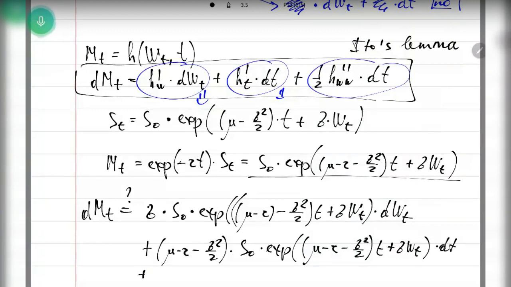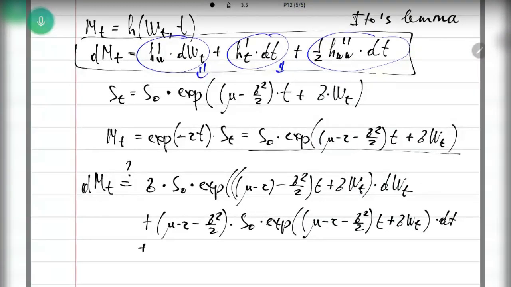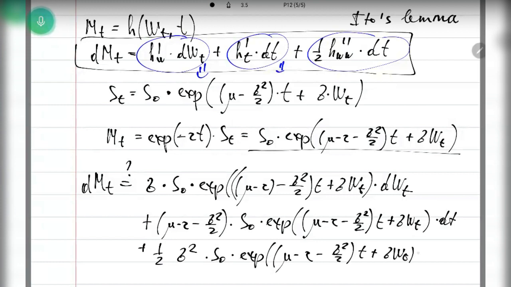Plus, now the third term: 1 over 2 sigma squared S0 times exponent of (mu minus r minus sigma squared over 2) times t plus sigma Wt, times dt.